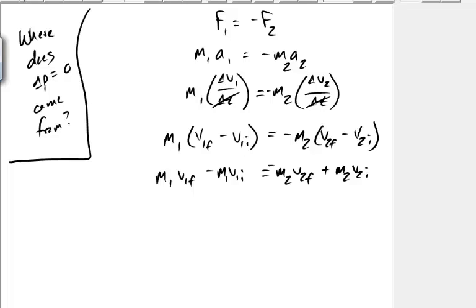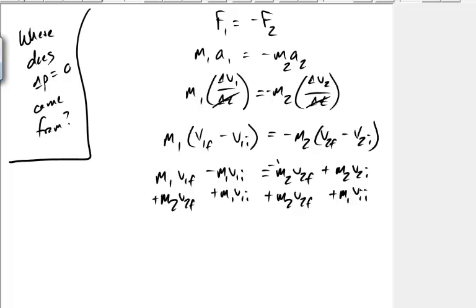And if we want to start talking about initial and final momentums, we got to get all the initial things on one side, now the final things on another side. Okay, so let's see if I can do this easily. Yeah, I can add M2 V2F to both sides. Okay, and I can add M1 V1I to both sides.